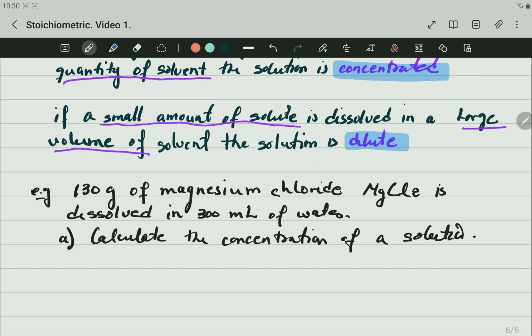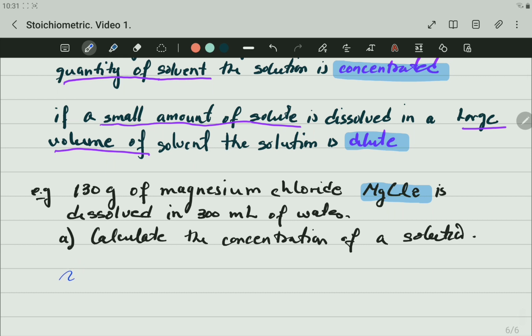All right, so let's look at this example. This example says 130 grams of magnesium chloride, MgCl2, is dissolved in 300 milliliters of water. Calculate the concentration of the solution. That is the formula for magnesium chloride. Please go back and watch the video that I made on writing formulas of compounds. So before we carry on, let's see what we have.